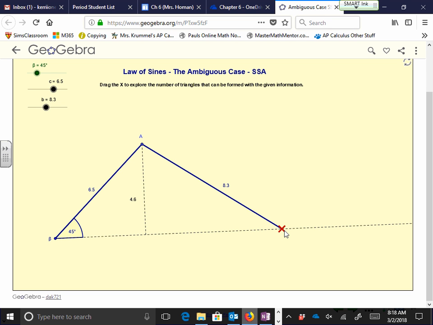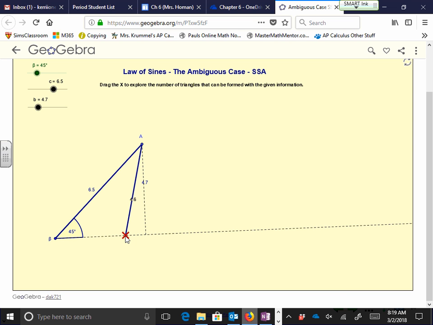Now, if I make this just a little bit shorter, here, I have a triangle. Make it just a little bit shorter. Here, I have a triangle, and here, I have a triangle.